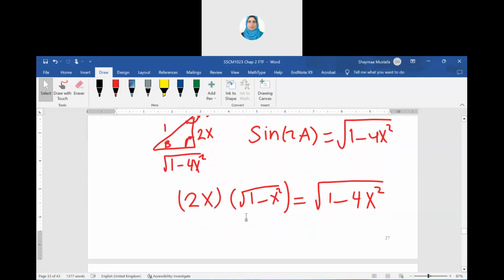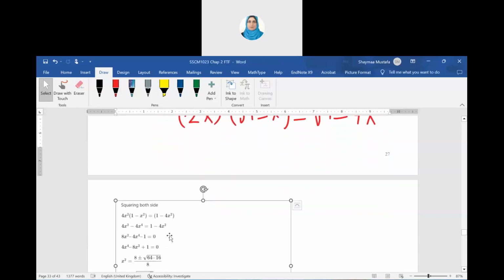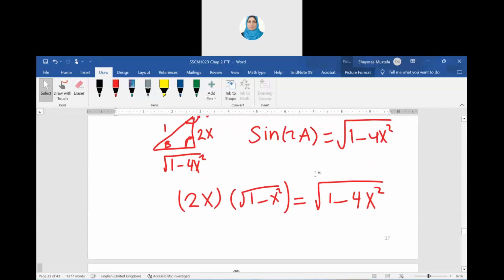Before solving this equation, you can square both parts. We already wrote the solution here. Okay, now I will solve this equation. Because I have roots, I need to square both parts and cancel the roots.